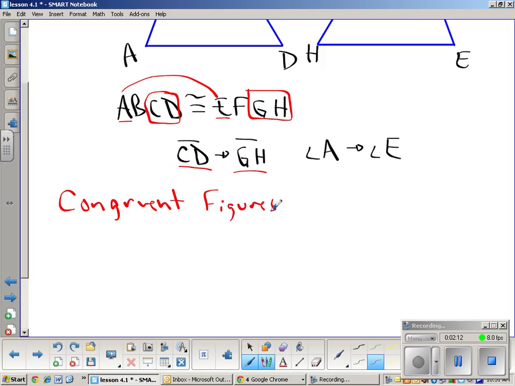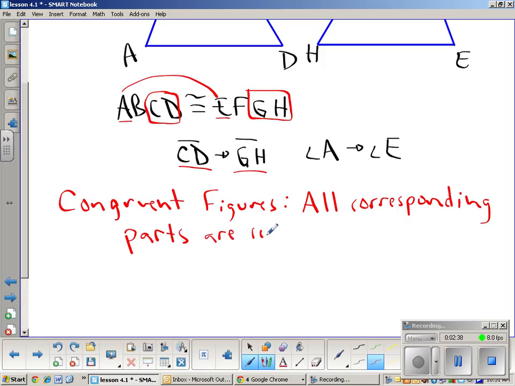If we say two figures are congruent, then that means that all corresponding parts are congruent.